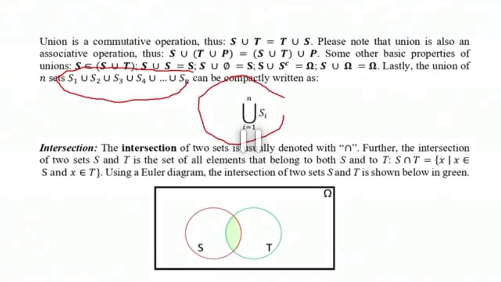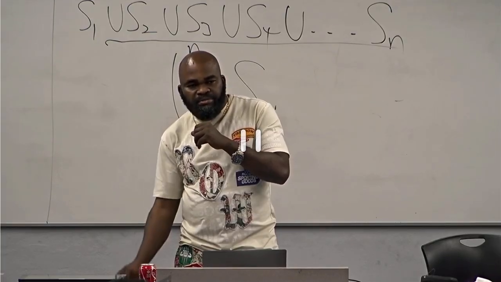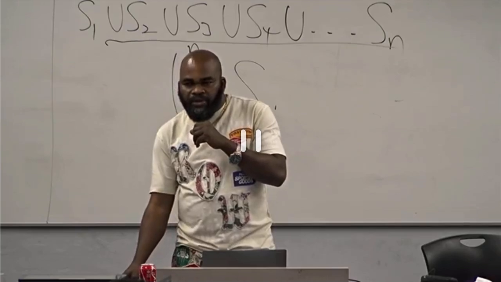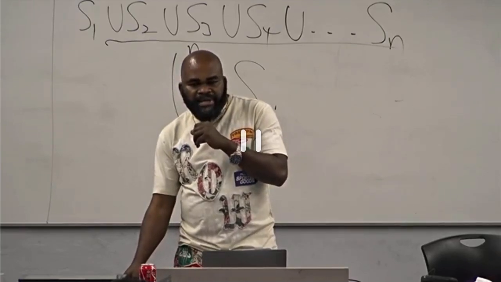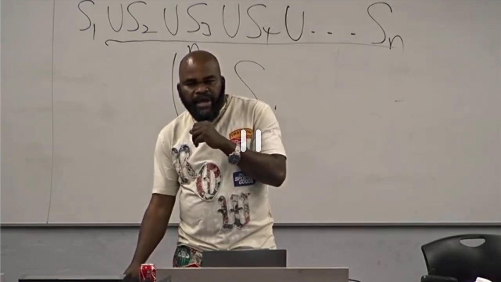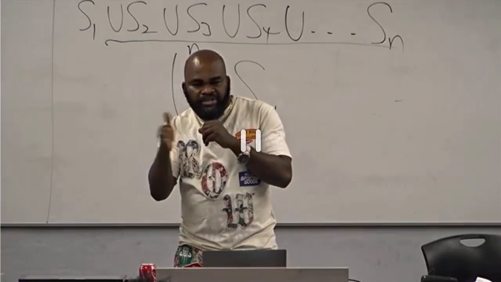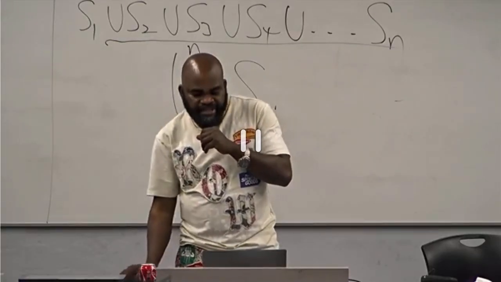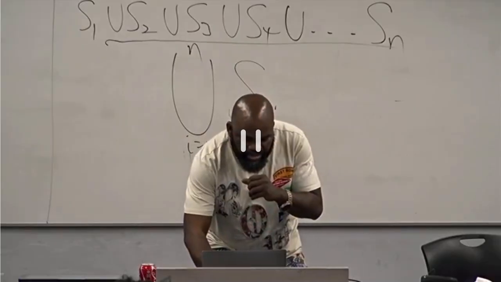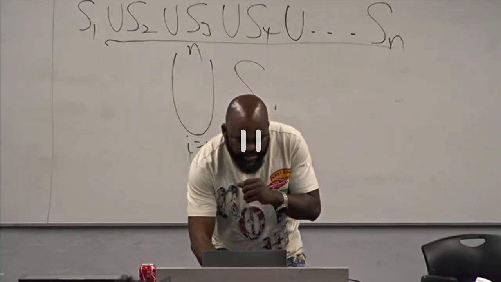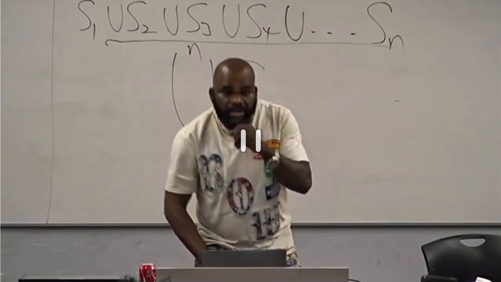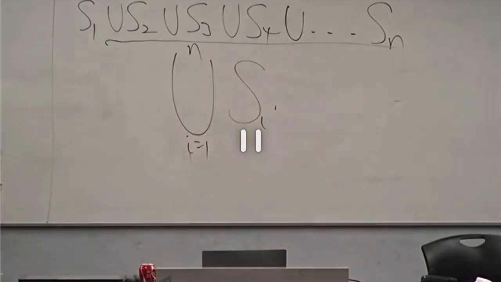Our intention with union is different from our intention with intersection. With intersection, what we want to figure out is, can we have something at the center? Can we have something common to the sets? That's what we mean. Now, okay, we are here. I need you to pay attention.